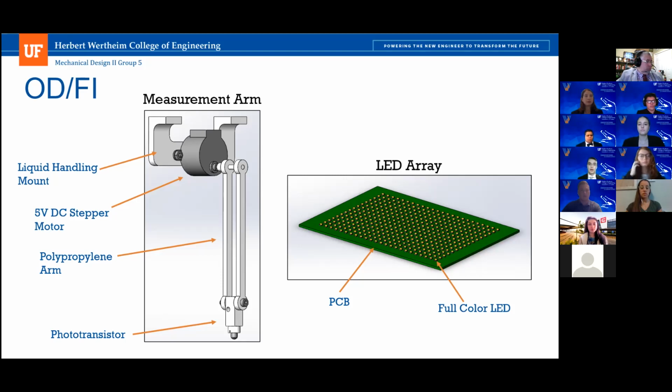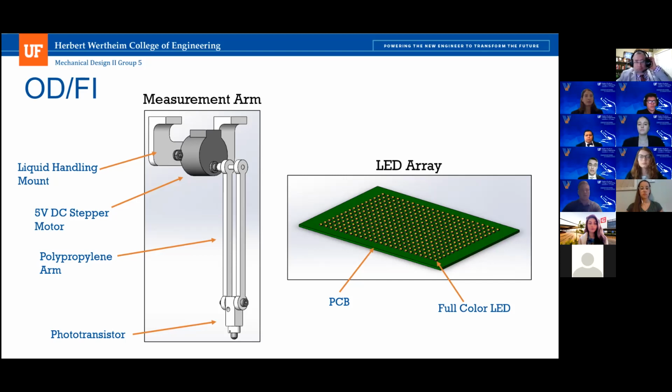It's very lightweight, it's easy to manufacture, and perhaps the most important part is that in the case of a spillage, or if any sample gets on this material, it can be autoclaved and cleaned to ensure BSL2 standards. And so the principle of operation of the measurement arm is that it will be raised and lowered with a 5-volt DC stepper motor, as you can see on the left there.